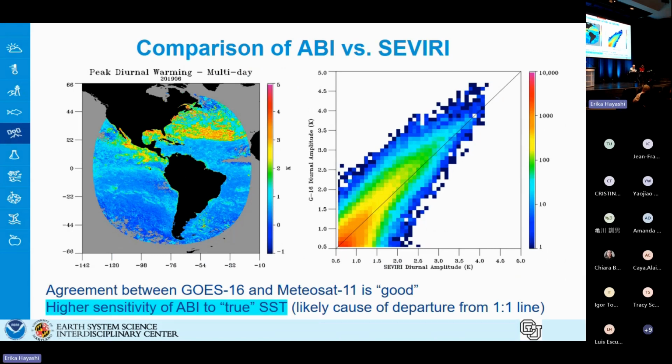But another thing you can see also is that for the warming here, generally speaking, it is maybe a little bit warmer in the GOES than it is in the SEVIRI. And I think that's simply due to the fact that the GOES is maybe a little bit more sensitive, closer to a one-to-one responsive algorithm. So it sees a bit more diurnal warming than the SEVIRI data.